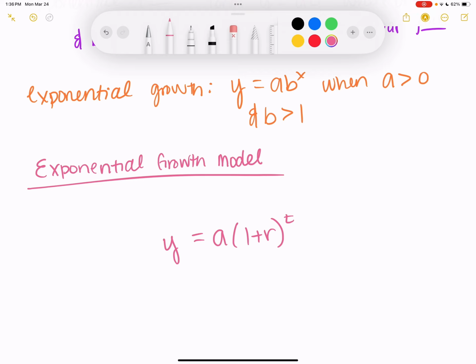So a is the initial amount. Like, let's say you got like $100 for your birthday, and you're going to put that all in the bank. That's your initial amount that you're putting in. Now, r by itself is the growth rate.